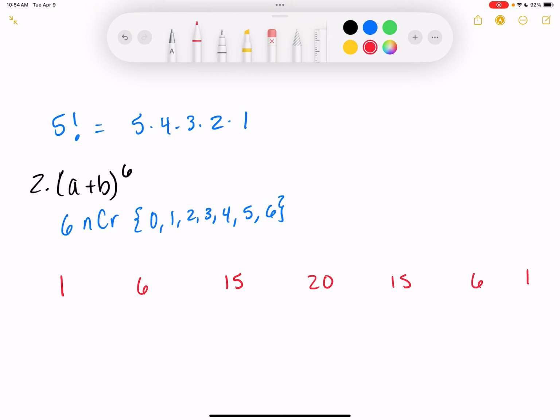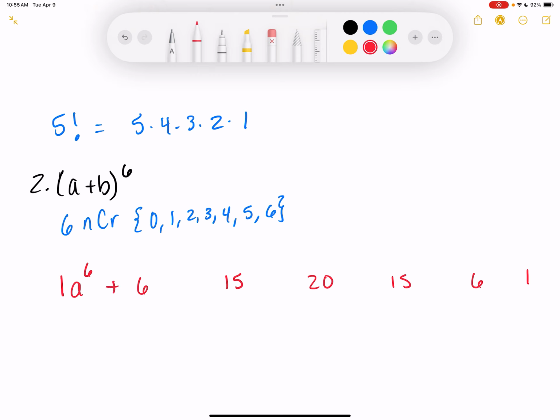So the first term is we take the first thing and we raise it to whatever this power is, and B would be raised to the 0. So A is going to go in descending order, B is going to go in ascending order. So this one will just be A to the 6th. It would be B to the 0, which we don't need to write.